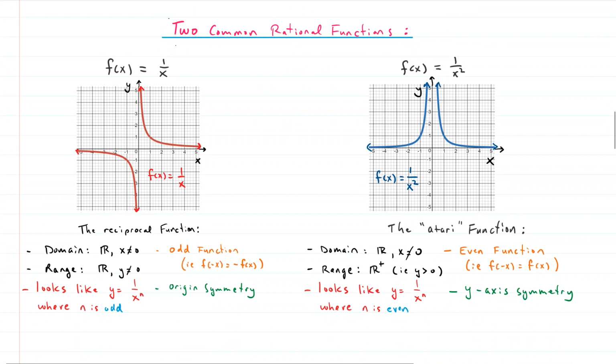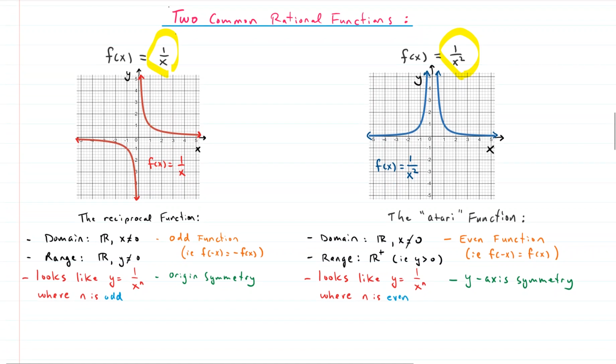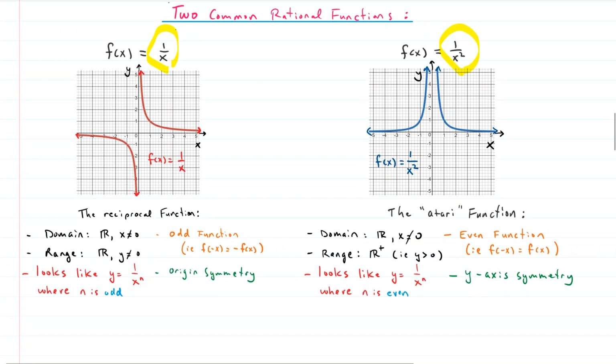Two very common rational functions: one is 1 over x, and the other one is 1 over x squared. Here is a graph of both of those and some interesting information below. If you want to see or listen to me discuss all of the information here in detail, please check out my Intro to Rational Functions video. But the quick version: the 1 over x has a bow and arrow shaped curve, kind of like an L shaped curve in the top right, and then one in the bottom left.